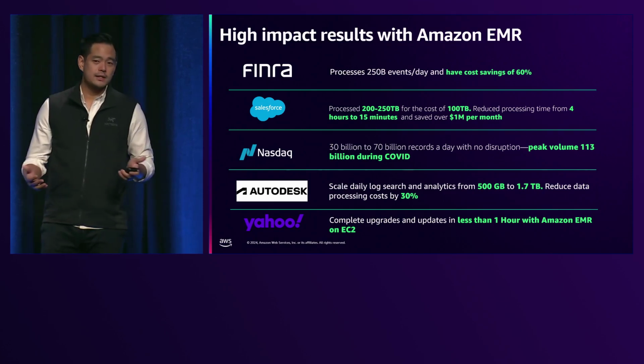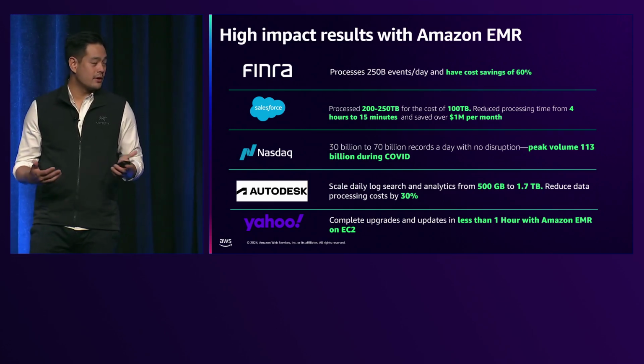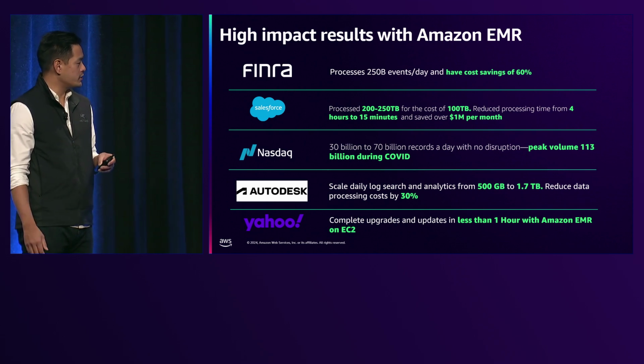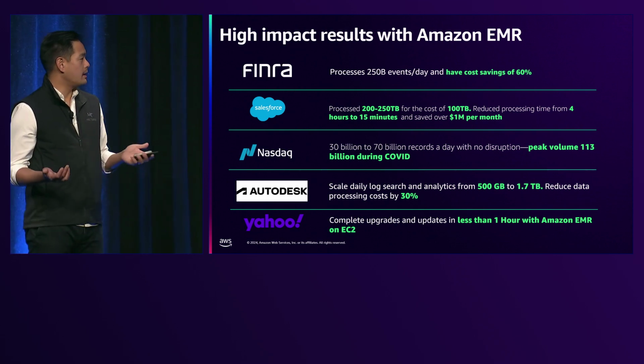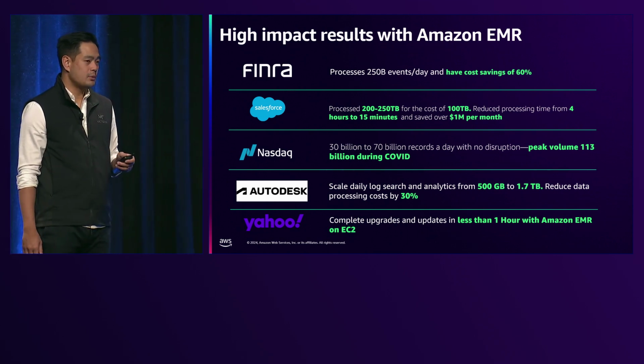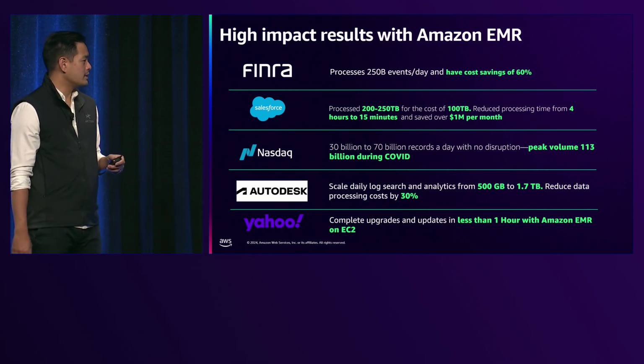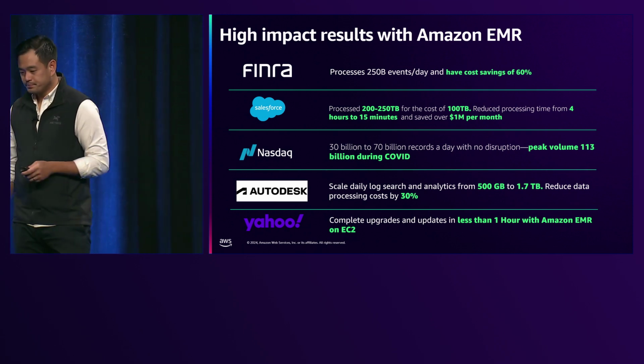So by migrating to Amazon EMR, they were able to save 30% in costs while also increasing their security and reliability postures. Autodesk was able to achieve 99.8% availability and have not had a significant outage or downtime since the migration.